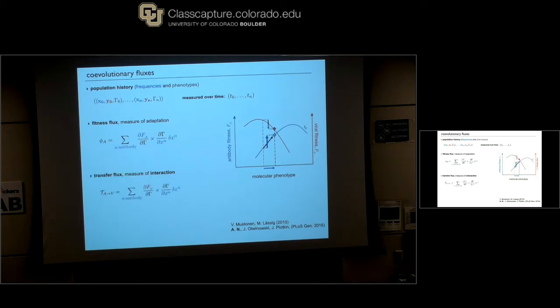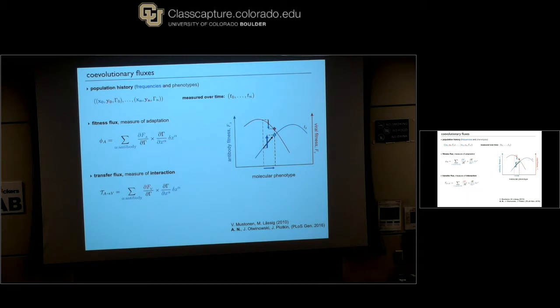But there's something else also happening: if your antibodies adapt and they go up, the fitness of the virus just drops without viruses doing anything, right? So we're fixing the virus and letting the antibody evolve. The fitness of the virus drops because the phenotype is now increasing. And the drop in the fitness of the virus is just a transfer of the fitness from antibodies to viruses. And that's what we now call transfer flux.